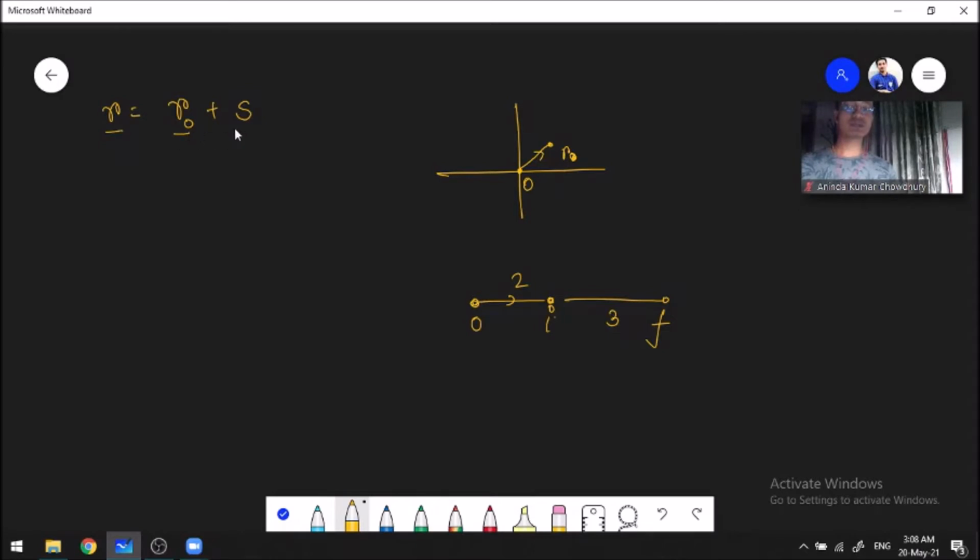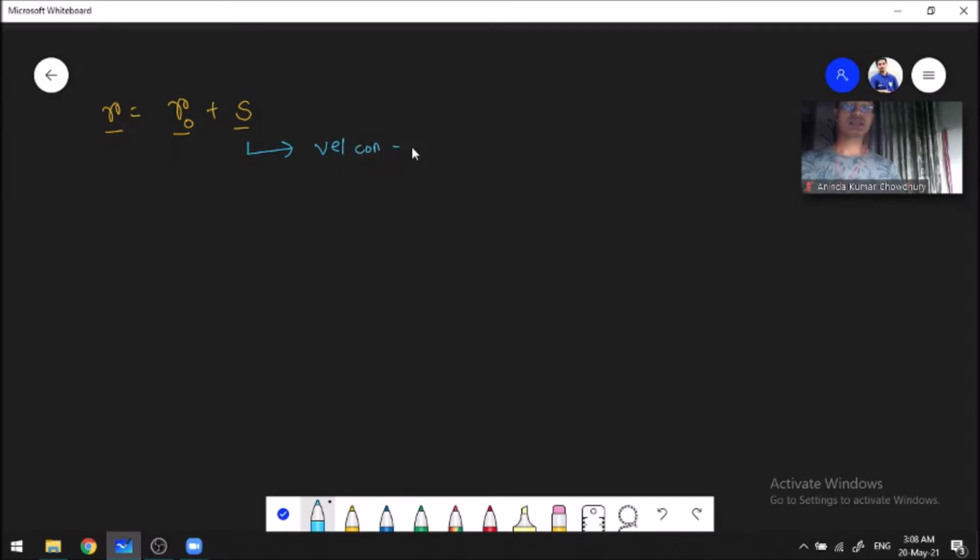So all these are vectors, so you need to underline them. Depending upon whether our velocity is constant, we are going to have two types of formula. If your velocity is constant, then the displacement is given by vt, that is velocity into time.